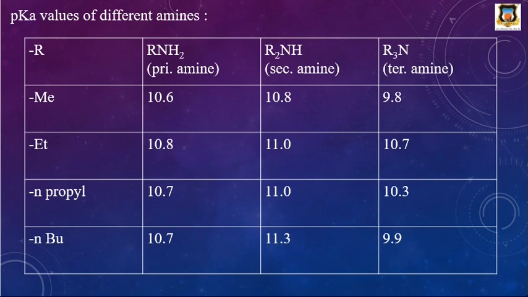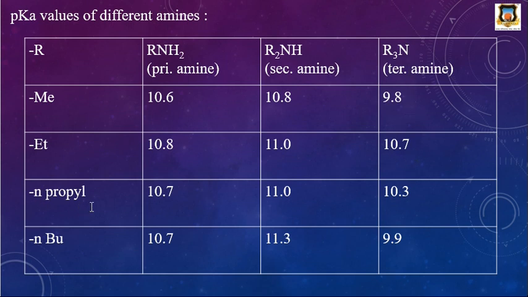Then here are the pKa values of different amines, primary, secondary and tertiary amine. When the alkyl group is the methyl group, the primary amine pKa value is 10.6, the secondary amine is 10.8, and in tertiary amine, three methyl groups on nitrogen, 9.8. When the alkyl group is the ethyl group, the primary amine is 10.10, secondary amine 11.0 and tertiary amine 10.7.